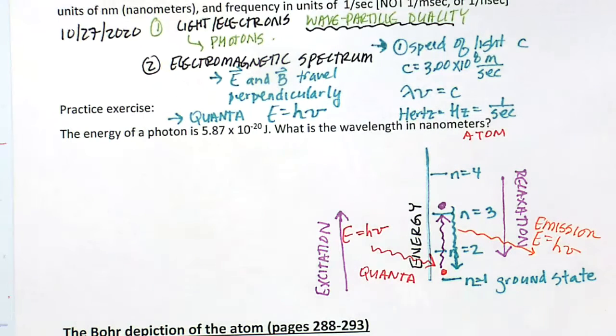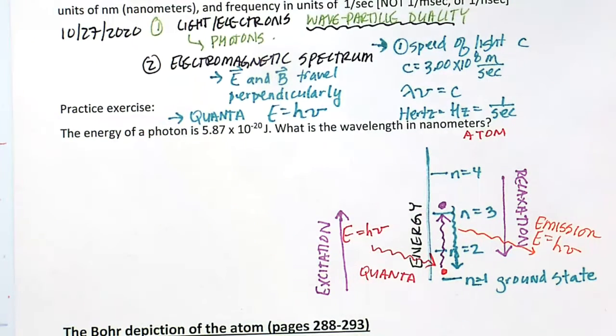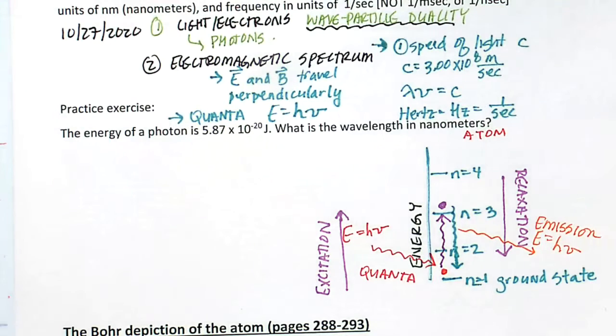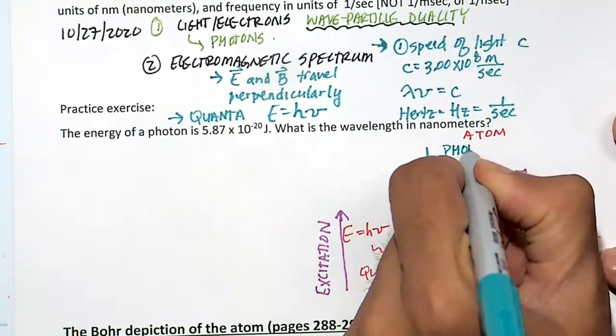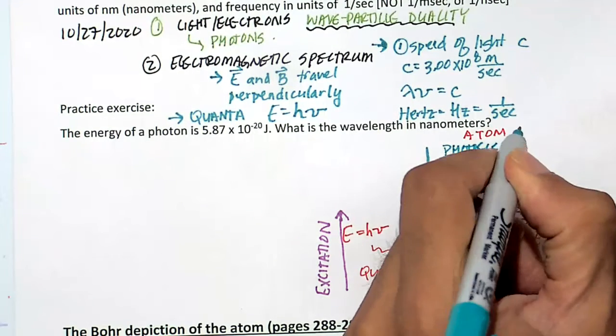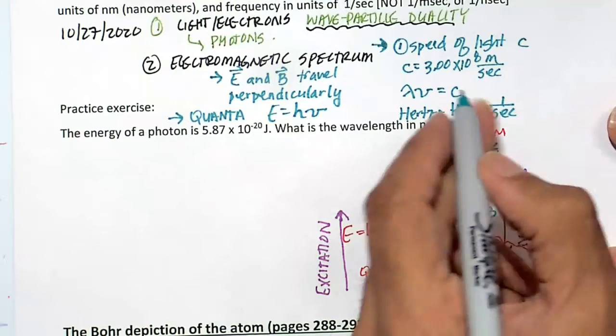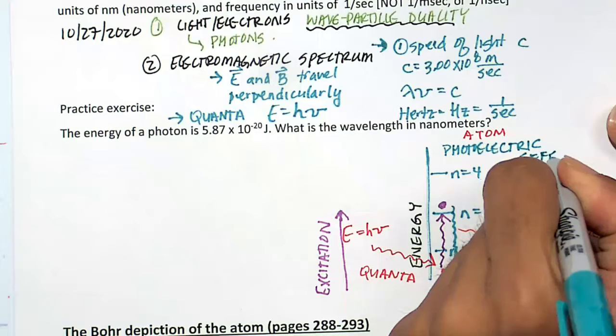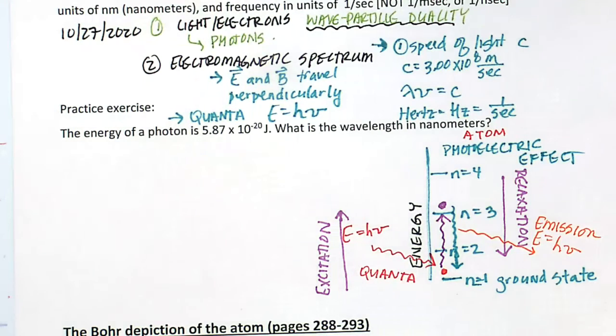All of this is because you excite it with a quanta. This whole phenomenon is called the photoelectric effect. This is what Albert Einstein discovered, well, Albert Einstein and others. From the ground state you promote, and then as it relaxes back down to the ground state, it emits energy.